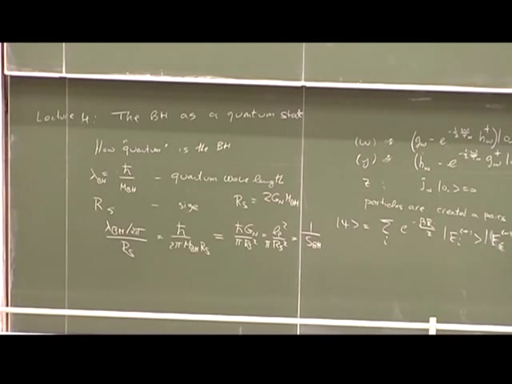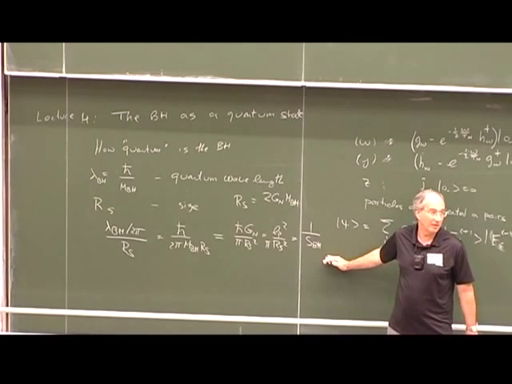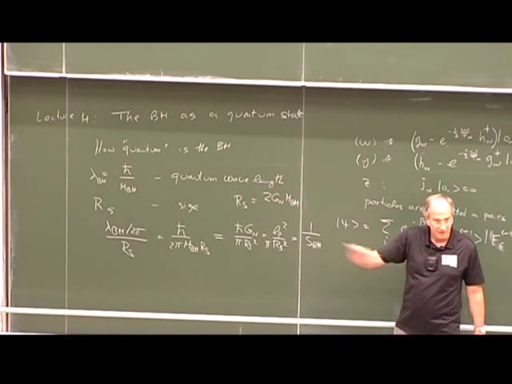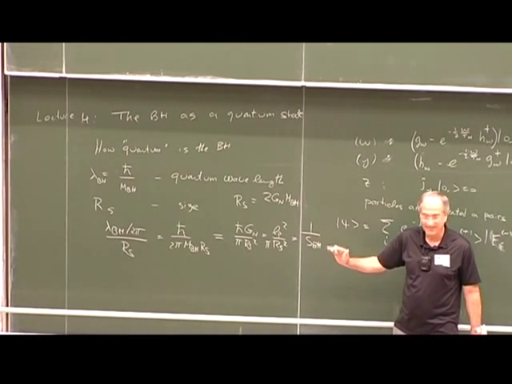So we see here, of course for a macroscopic black hole, S is a huge number. The entropy of a black hole the size of the sun is about 10 to the 76. So this number is very small. Now it's a dimensionless number, so I can compare it to 1 and say that it's very small. So a black hole is extremely classical. But nevertheless, it's not strictly classical.